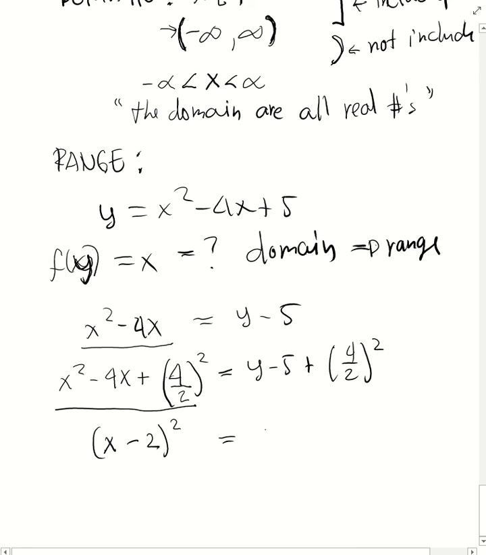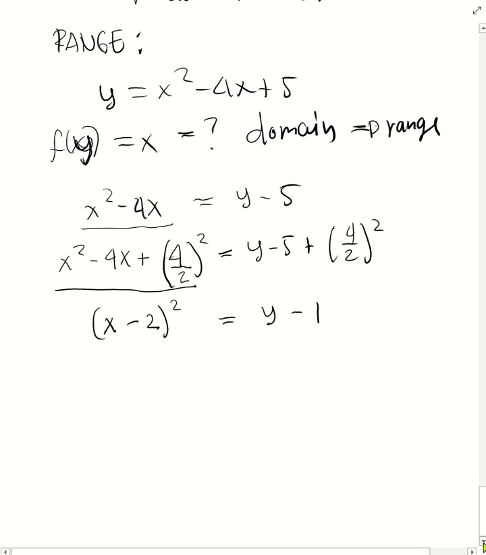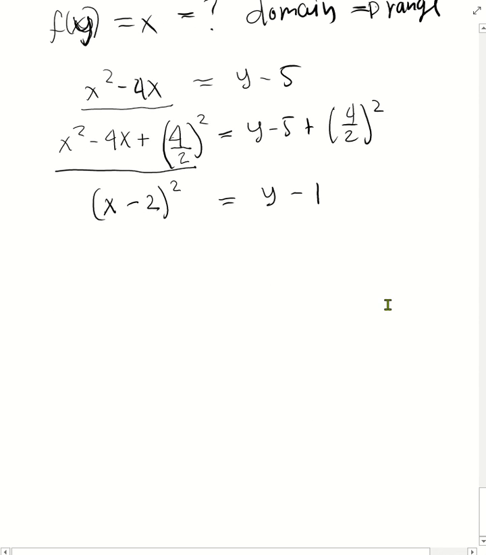And this should be equal to y minus 5 plus 4. Negative 5 plus 4 is negative 1. So minus 1. We didn't change the function, we only manipulated it. Then I want x to be alone on the left side, so we need to take the square root. So x minus 2 is equal to the square root of y minus 1. Then x is equal to the square root of y minus 1 plus 2.